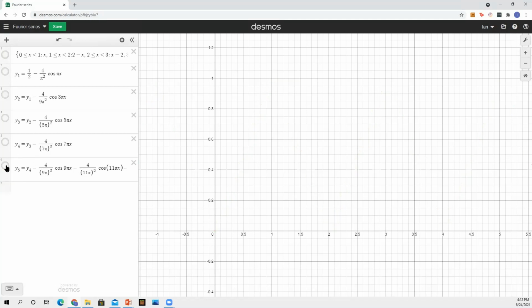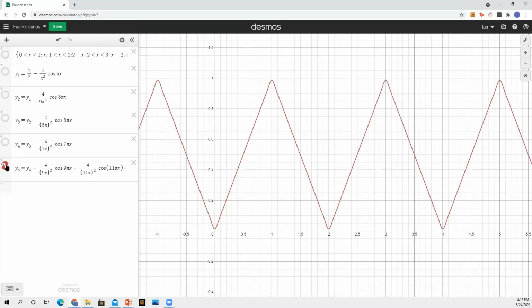Now, if we bring up our function that's made out of exclusively cosine functions, we can see that we're getting pretty close to a series of straight lines, and this only gets better the more terms we add in. So these cosine functions form a complete set, and in theory, we can bring out any function by combining certain amounts of sine and cosine functions in certain ways.